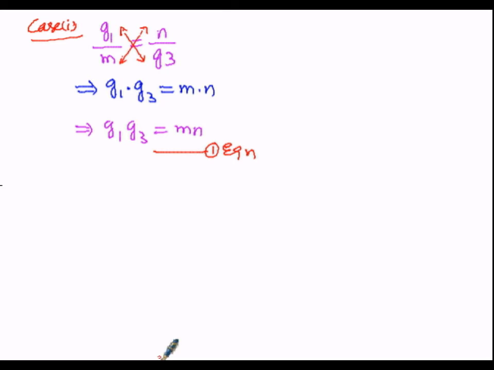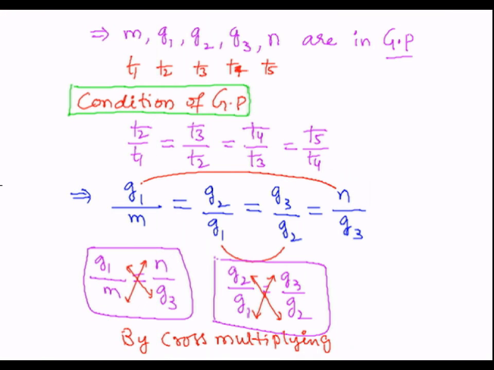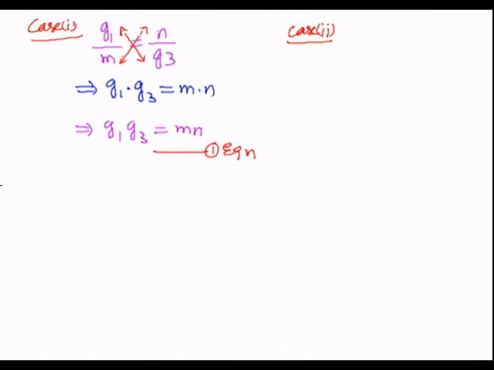Then similarly in case number 2: G2 by G1 is equal to G3 by G2. Here I have to cross multiply.